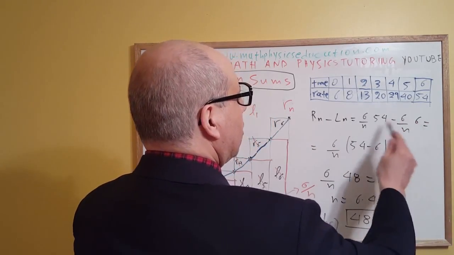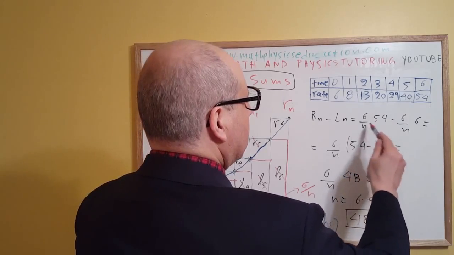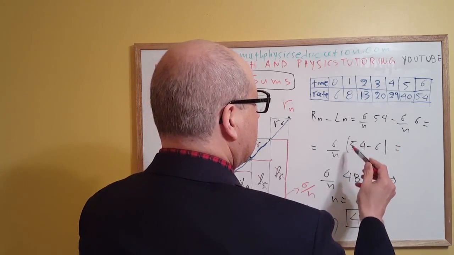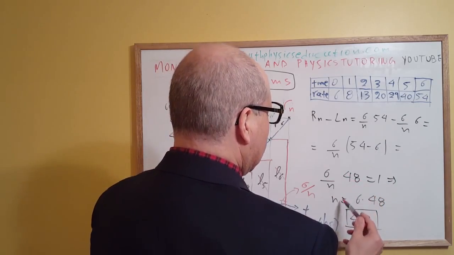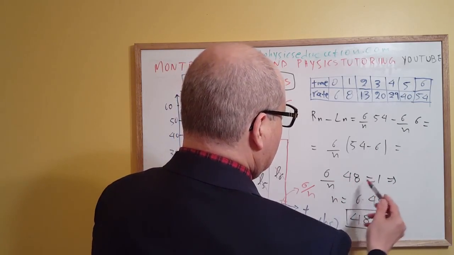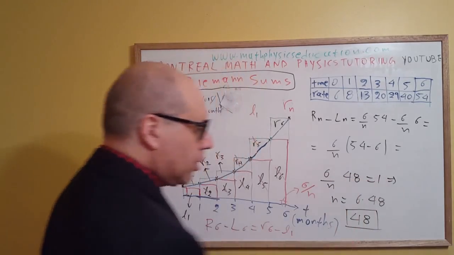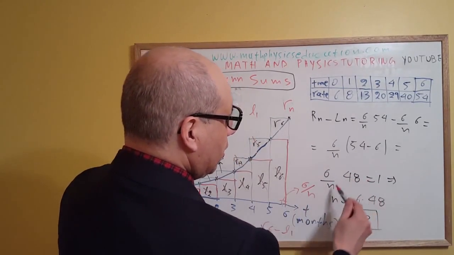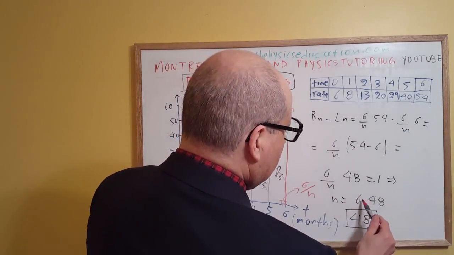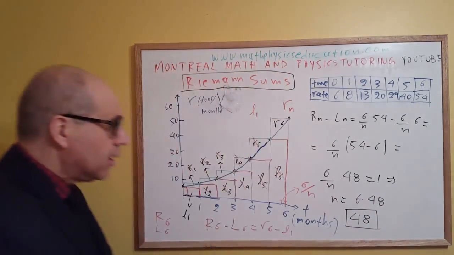If you take now 6 over n as a common factor, what do you have inside? You have inside 54 minus 6, which is of course 48. We need this here to be equal with exactly 1 ton. So it's this equation here, and if you solve for n, you find that n is equal with 6 times 48.